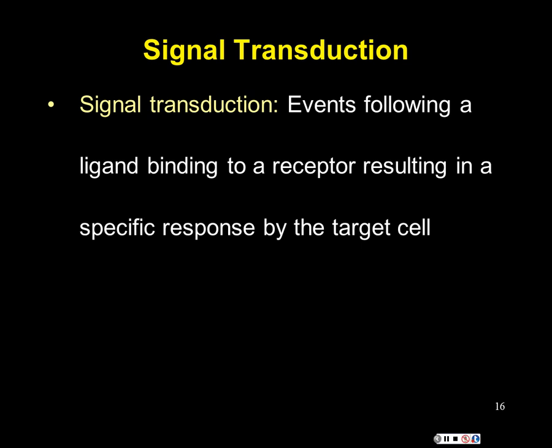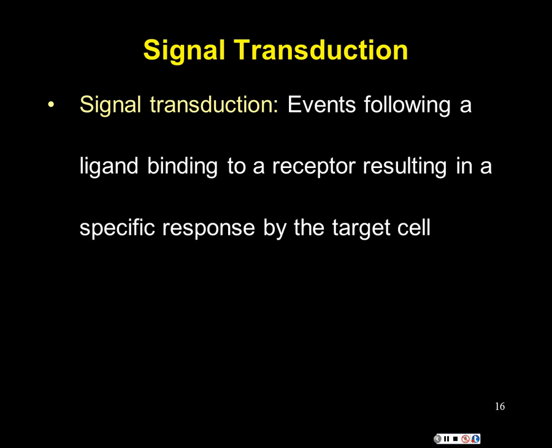What might a target cell do in response to a messenger? What were the options that we said? Maybe transcription and translation. What else? Activate a second messenger, or open or close channels.